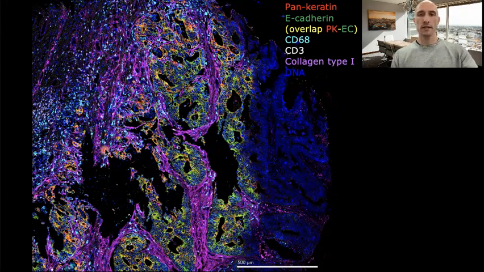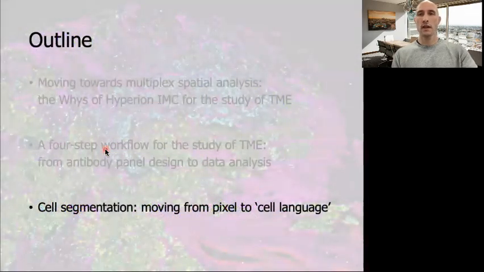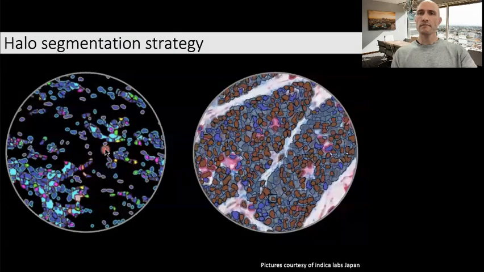These are not objects, let alone cells. So your eyes are seeing cells, software eyes are seeing pixels. So the next step in any data analysis workflow is to convert these pixels into cells. And the process of converting pixels into cells is known as cell segmentation. So the last slide of this talk will be to explain the cell segmentation process.